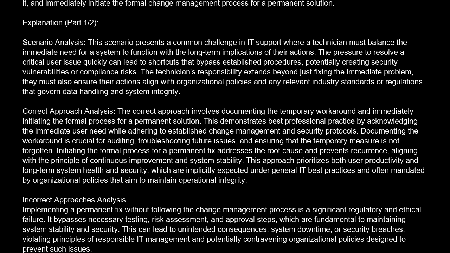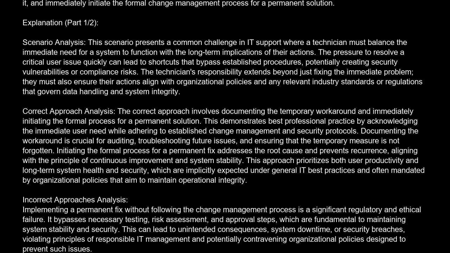This approach prioritizes both user productivity and long-term system health and security, which are implicitly expected under general IT best practices and often mandated by organizational policies that aim to maintain operational integrity. Incorrect approach analysis. Implementing a permanent fix without following the change management process is a significant regulatory and ethical failure.